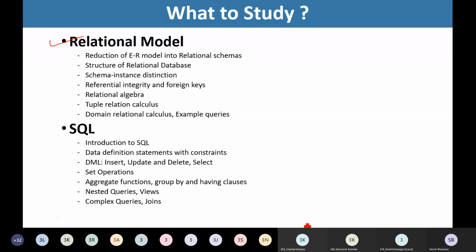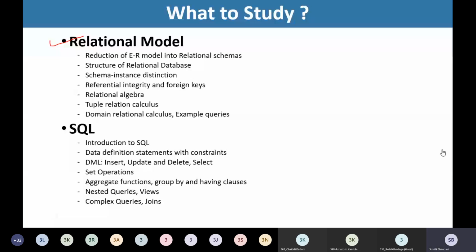Many of the DML statements we are going to look at. Also, we are going to discuss DDL statements, practically how to create our database schema, then how to insert the data into the tables, how to delete the data, and how to modify the existing data in the tables.